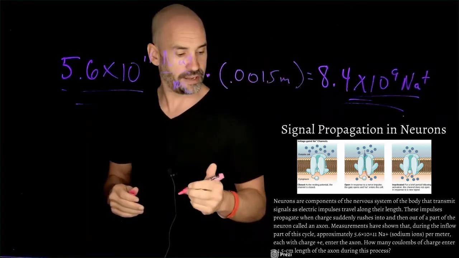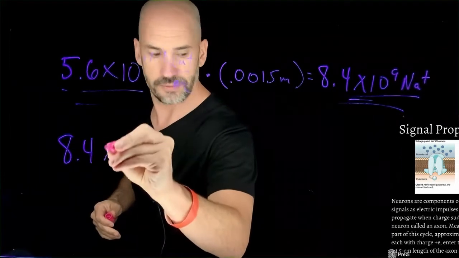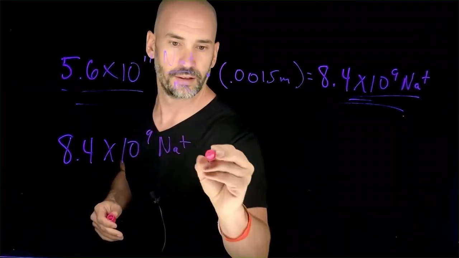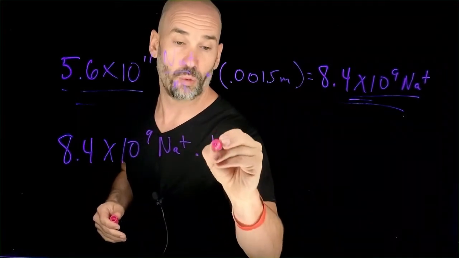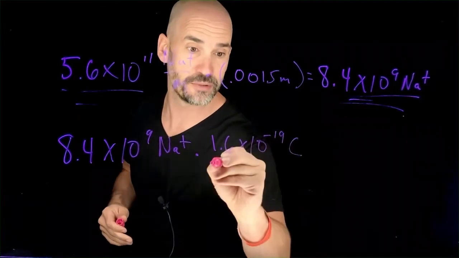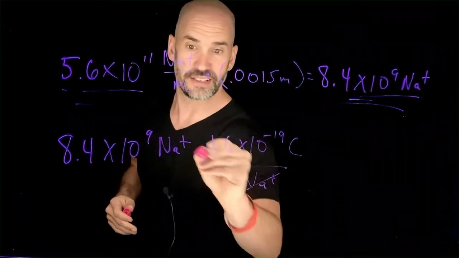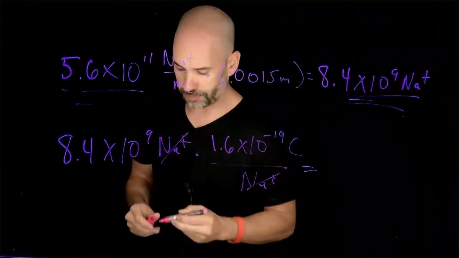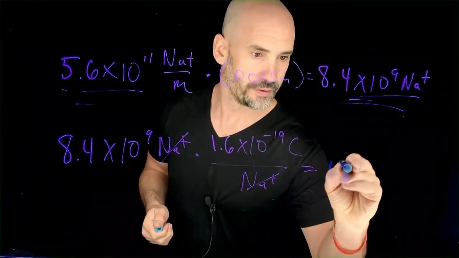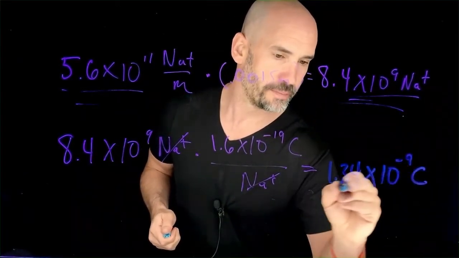And you simply do that by saying, well, if I have 8.4 times 10 to the 9 sodium ions, I would just need to multiply that by 1.6 times 10 to the minus 19 coulombs for every sodium atom, right? That obviously cancels out. And when I multiply those guys, I get 1.34 times 10 to the minus 9 coulombs.